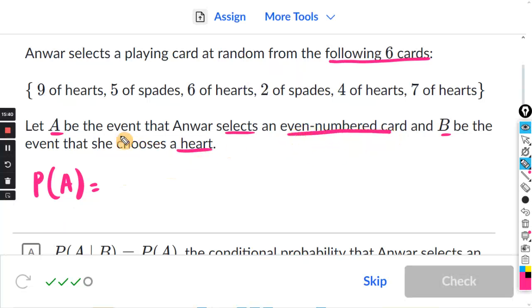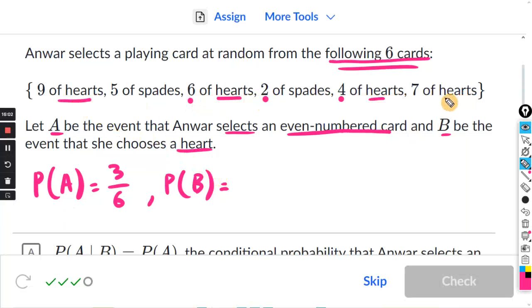How many are even out of these? 1, 2, 3 out of 6. Probability of B. B is that she chooses a heart. How many hearts? 1, 2, 3, 4 out of 6.